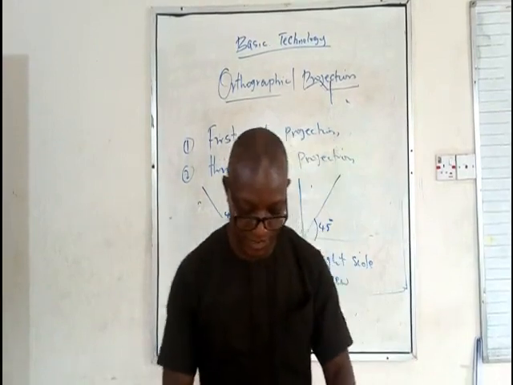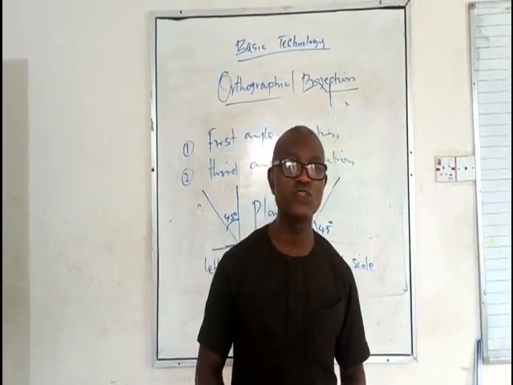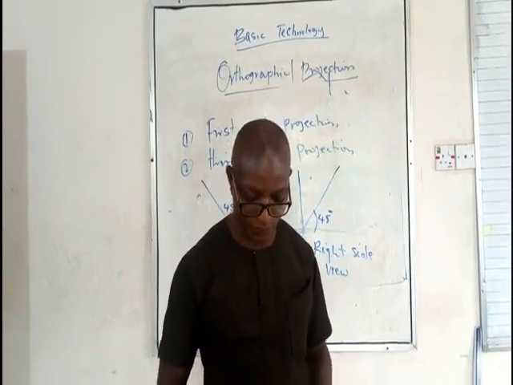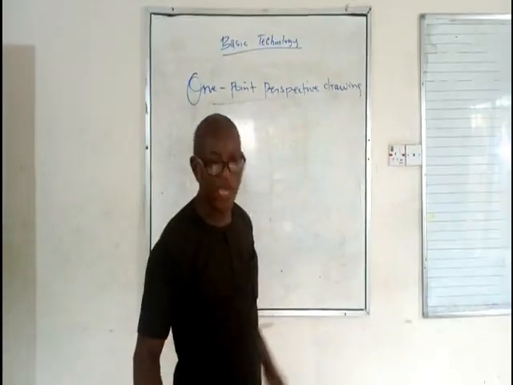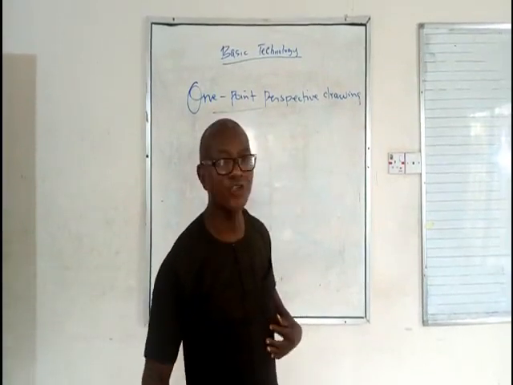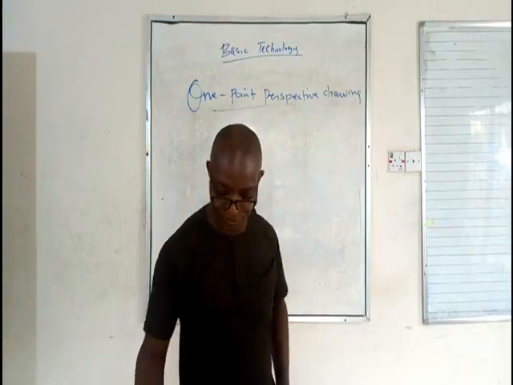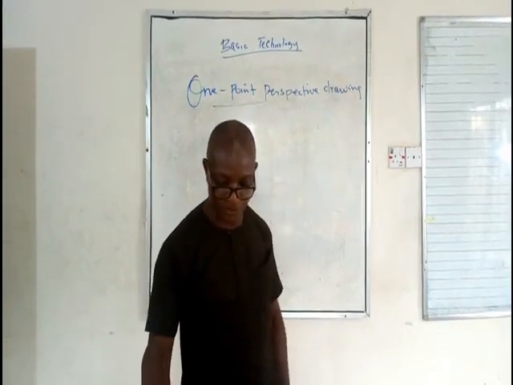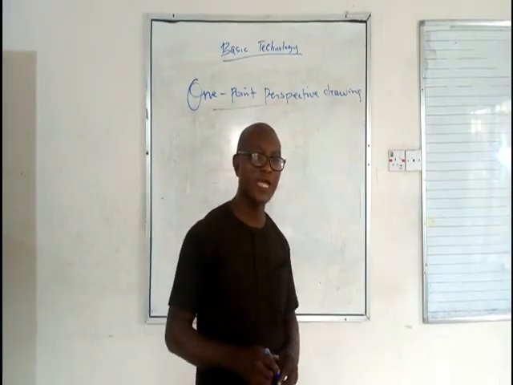All right, we move down to 1-point perspective drawing. Perspective drawings are pictorial drawings, and they show three sides of objects at once.